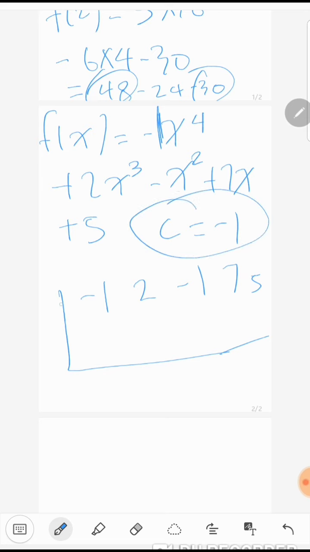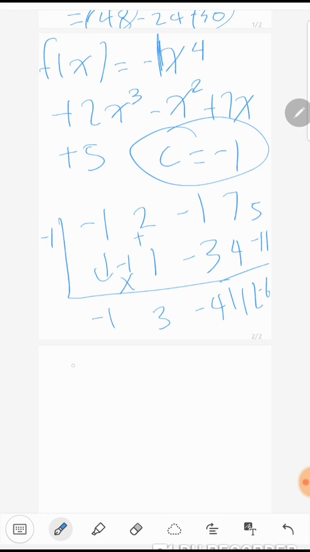And then we have c equals negative 1, so we put negative 1 here. This comes down, negative 1, multiplied by negative 1, so it's 1, add it, 3. Same way, and then negative 4 plus 4, 7 plus 4, 11. Then minus 11, that's negative 6.